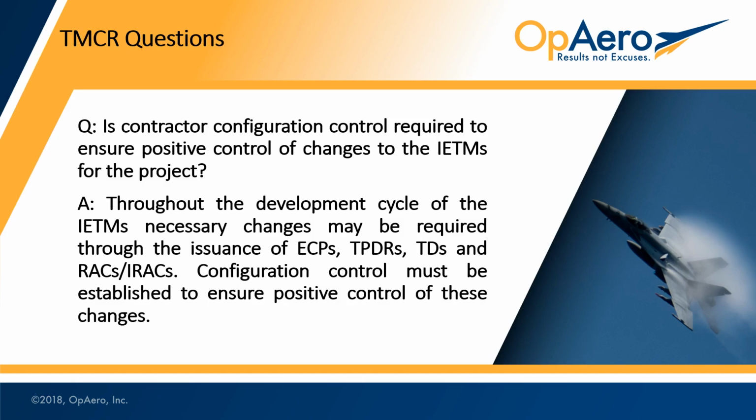So you have to establish some boilerplate language in the TMCR that identifies this. Now, that is if it's a sustainment contract. If it's just an acquisition contract for the initial development of a system, then maybe TPDRs don't apply because it's not an IETM of record yet. So every project is going to dictate different criteria.